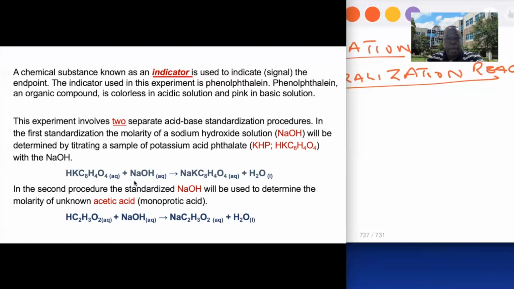Now, NaOH goes in the burette, and potassium hydrogen phthalate is used in standardizing NaOH. If you look at the stoichiometry, 1 mole of KHP reacts with 1 mole of NaOH to form sodium potassium phthalate and H2O in a 1-to-1 mole ratio.